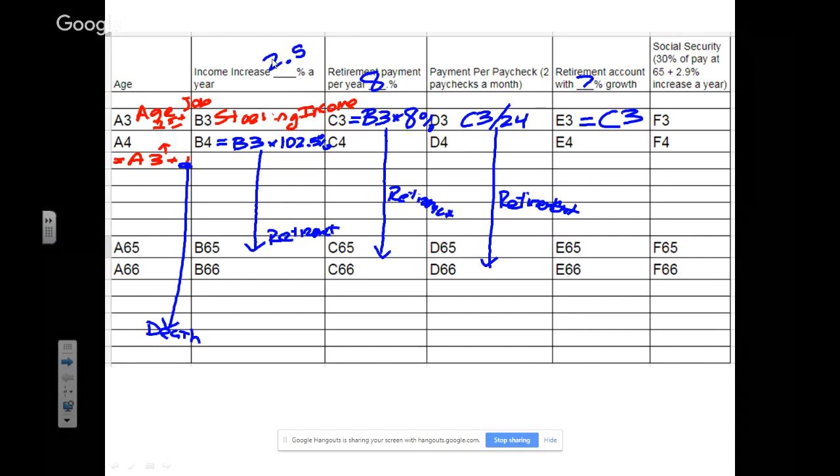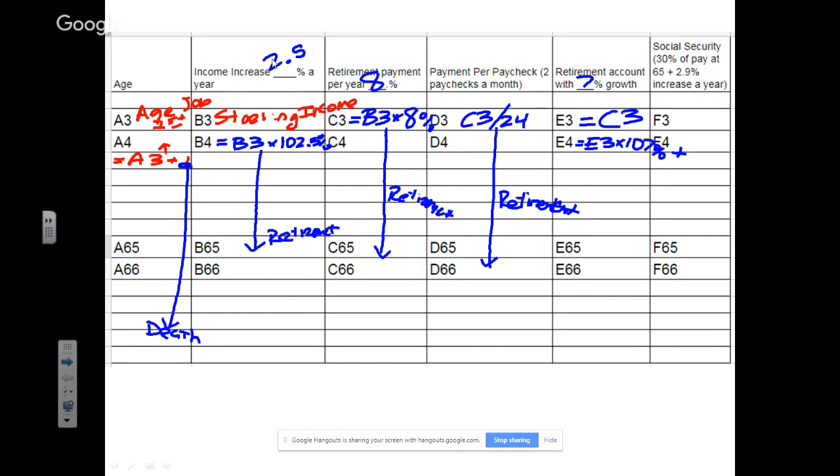Okay, and then E4 is where it gets a little complicated. E4 equals E3, right? Whatever we had, times 107% plus what?